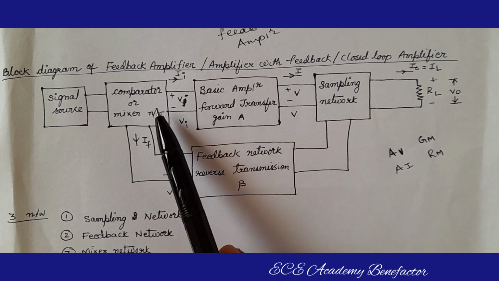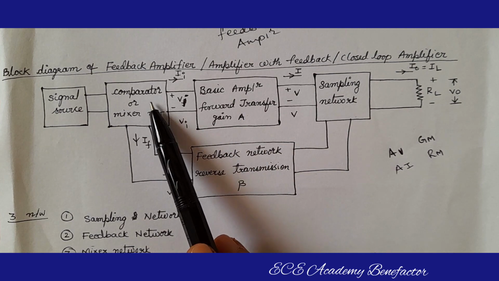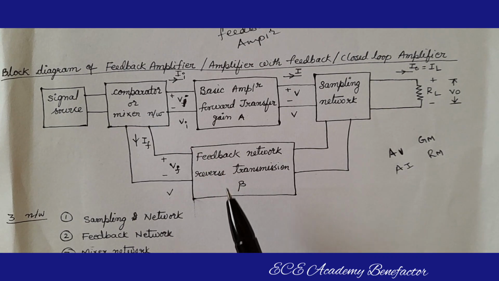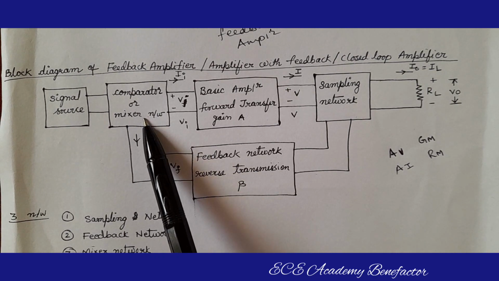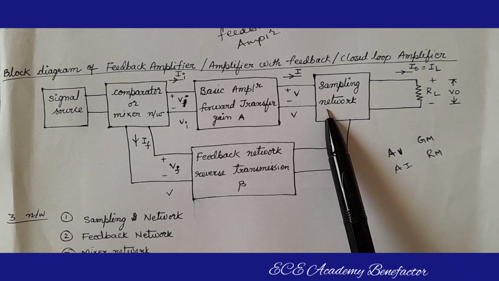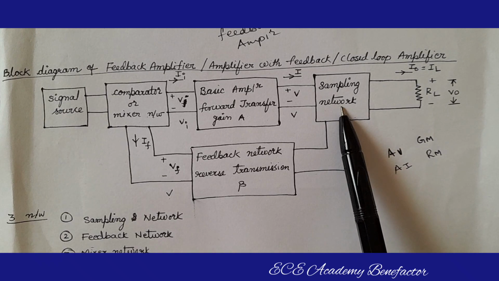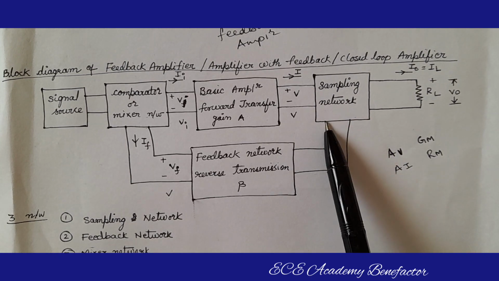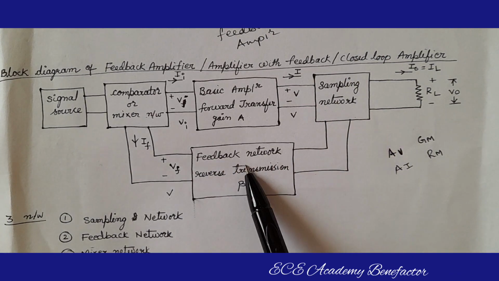At the input side of this amplifier, we are connecting a comparator or mixer network. Two types of mixing can be done here, either series mixing or shunt mixing, and the sampling network can be voltage sampling or current sampling. From this sampling network we take part of the output and give it back to the input through a feedback network.